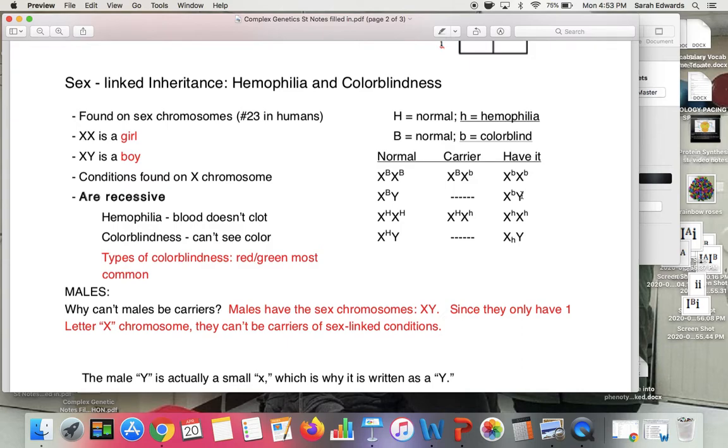Usually they don't live long enough to have children, so you don't have to worry about the Y carrying the sex-linked trait, because they don't live long enough to pass it on. So we only have to learn about the sex-linked conditions that are on the X chromosome.